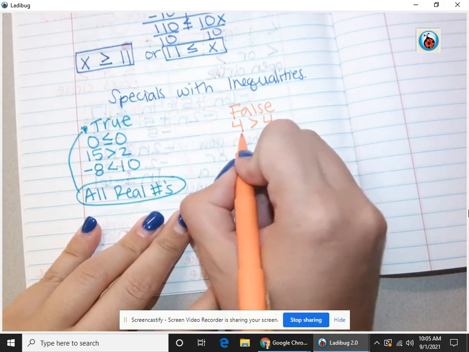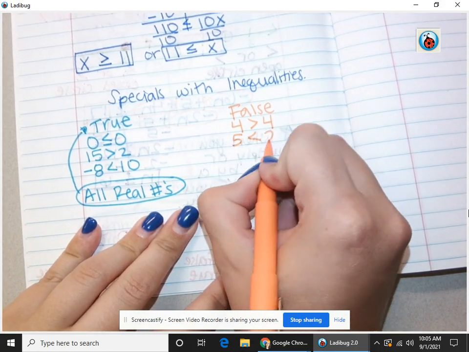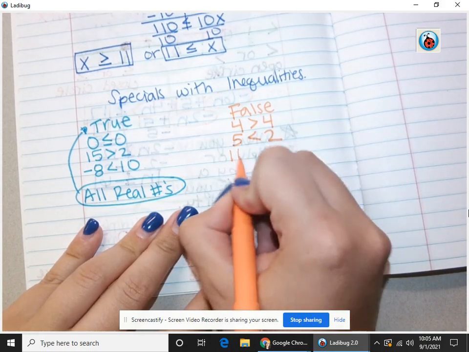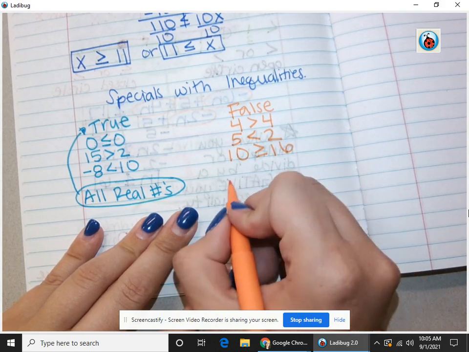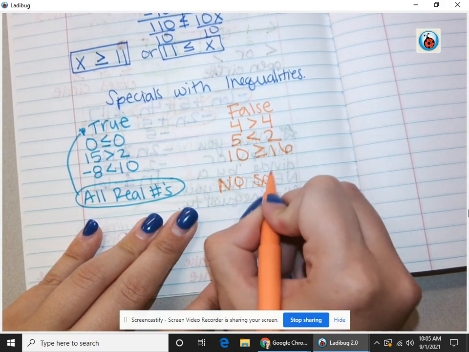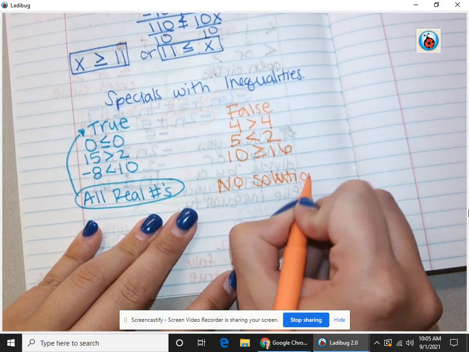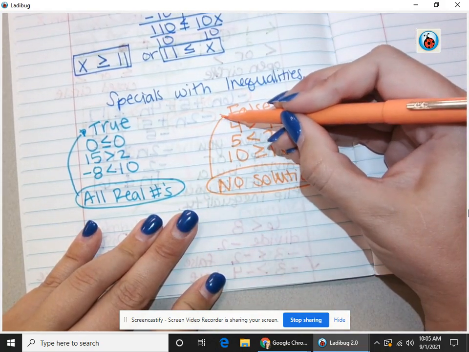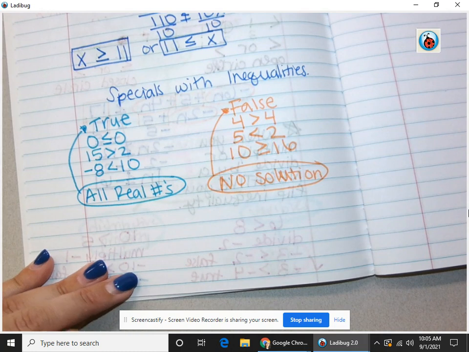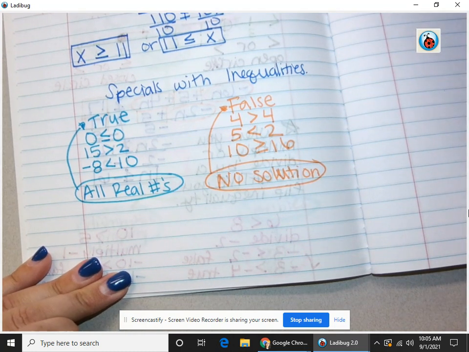If I've got 5 is less than 2, or let's say 10 is greater than or equal to 16, I would get no solution. So you can still get no solution, you can still get all real numbers with these problems. Okay? Are there any questions over any of these problems?